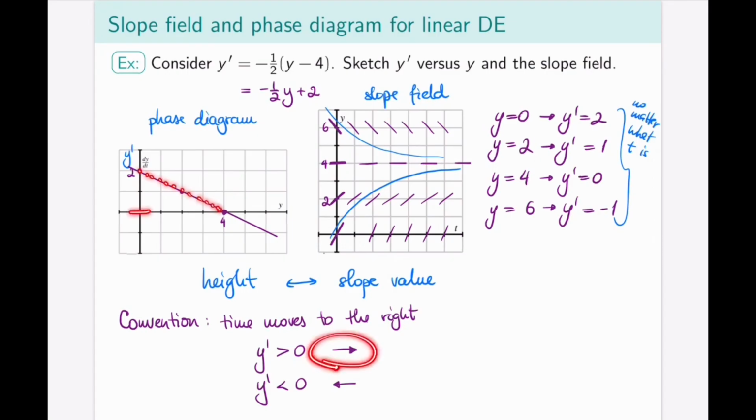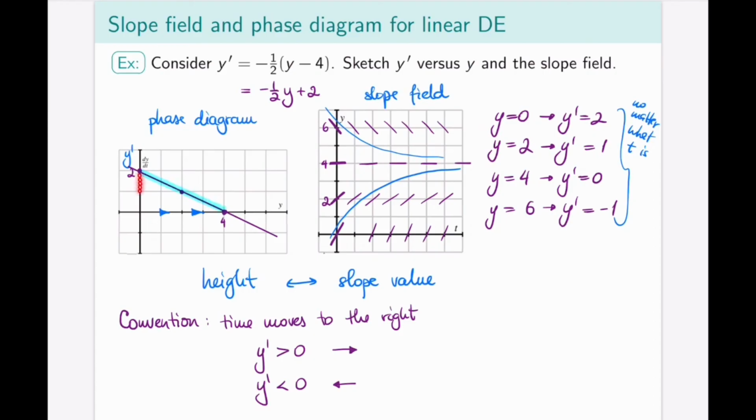So that means on my horizontal axis, I'm going to be drawing arrows to the right when the graph is above the horizontal axis. Okay, so here I'm going to include arrows to the right. I'm drawing arrows, but really I normally just draw the actual arrowheads. There we go.